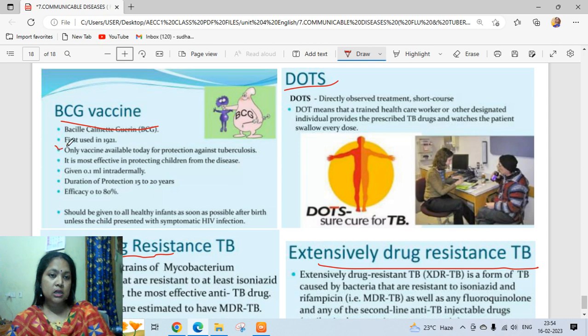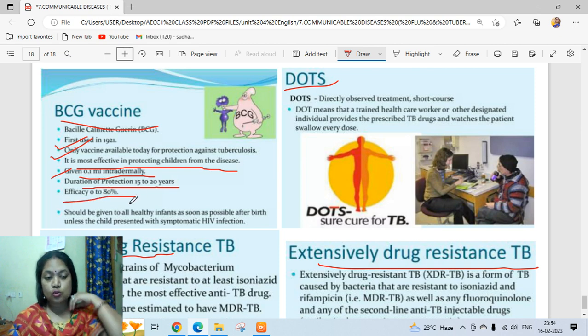First used in 1921. Only vaccine available today for protecting against tuberculosis, and it is most effective in protecting children from the disease, given 0.1 ml intradermally, and duration of protection 15 to 20 years, and efficacy 0 to 80%.